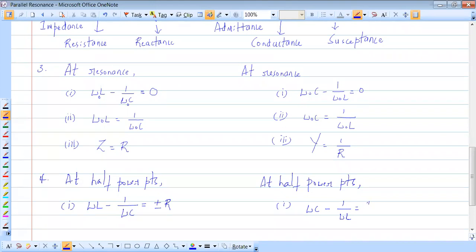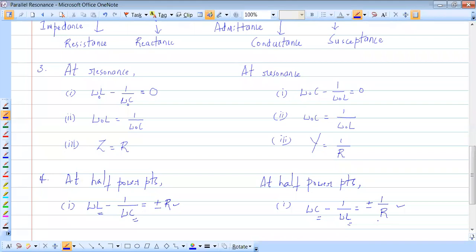Plus or minus 1 by R. See here, L is replaced by C, this C is replaced by L, and this particular R is replaced by 1 by R. So this is what is happening at half power points.